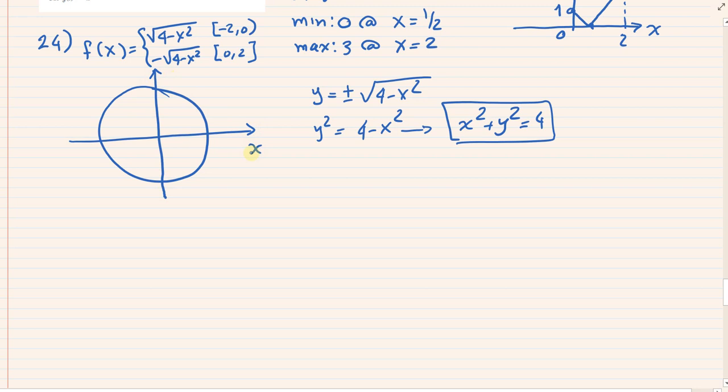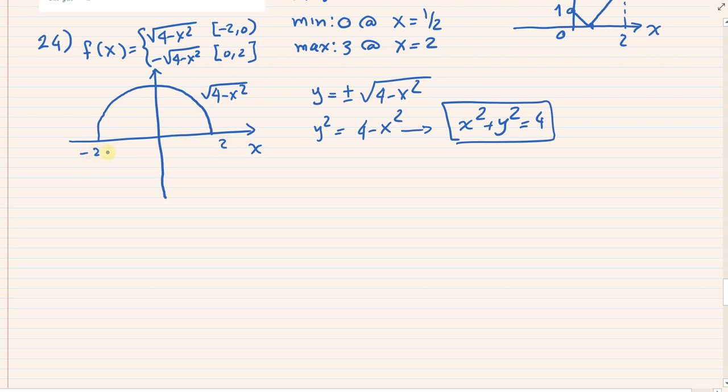Now the upper portion of the circle, that's this portion of the circle, is going to be square root of 4 minus x squared, which is the half circle, a semicircle, right? The radius of this circle, by the way, is 2, right? Negative 2 to 2.